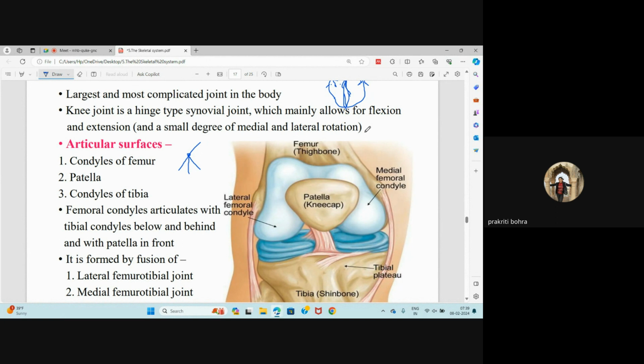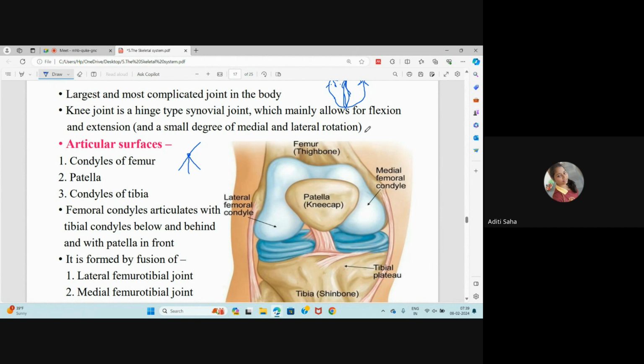Ma'am, when we do knee rotations, like you separate your knees away and then you bring them back, like a circular movement. Yeah, total circular movement is not possible because of the patella. But when we do Padmasan, then we are doing medial rotation, right?